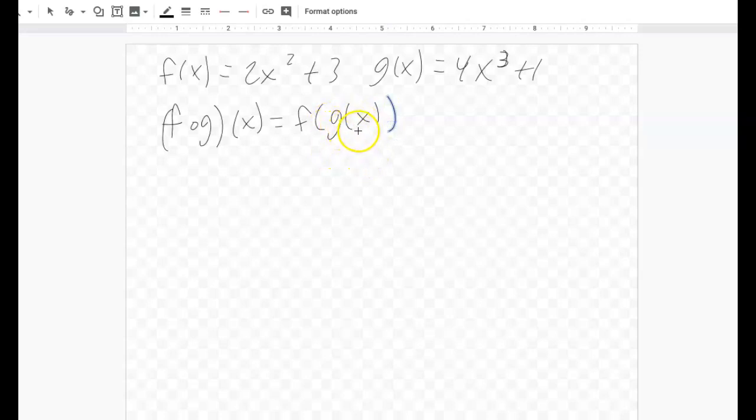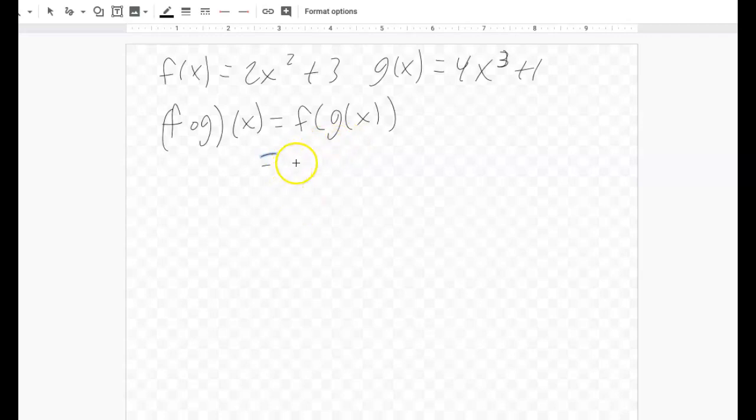And so with composition of functions, we're going to work with the inside function first and plug that inside function into the outside function. And you're going to hear me say inside function, outside function. Those are key ways to think about this composition of functions, especially when you're in calculus.